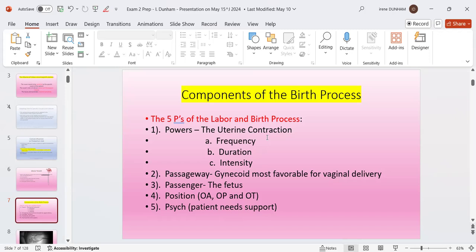Now intensity is how strong they are. Intensity could be mild, moderate, or firm. You have to use palpation, 2 fingers on top of the fundus of the uterus, and you can feel. If it feels soft, like your nose, touch your nose, that's a mild contraction.